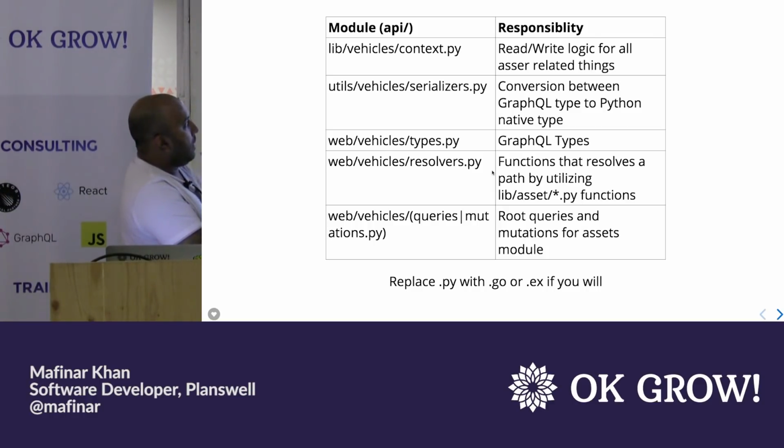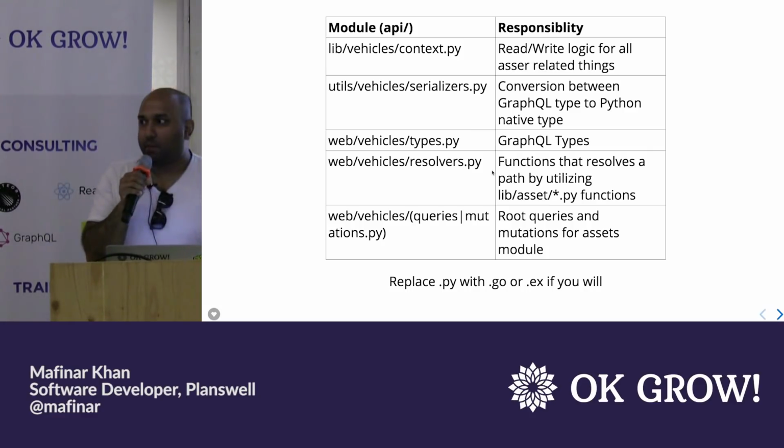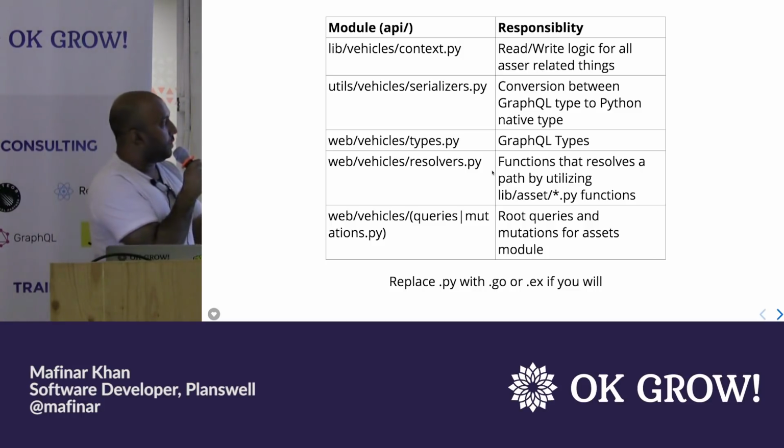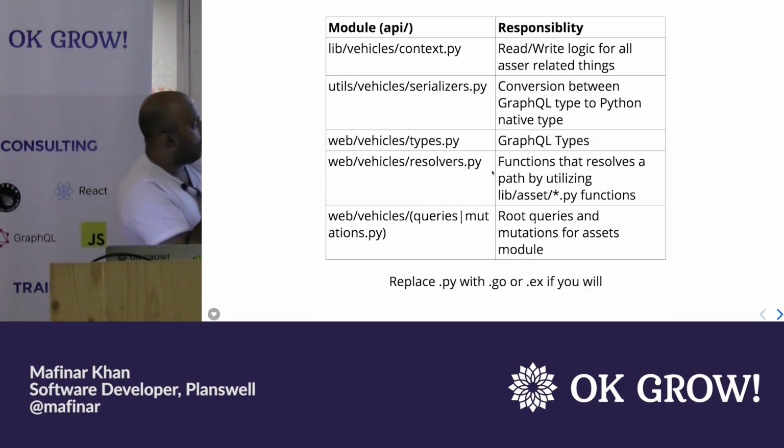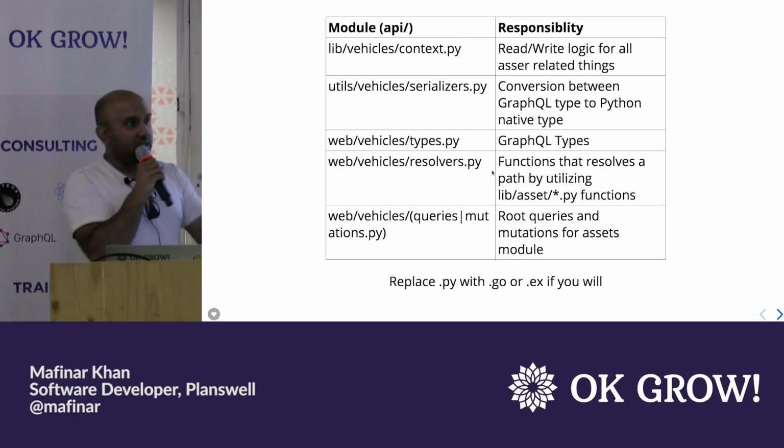Inside the web part, there are types, resolvers, and queries or mutations.py. Types define types in a schema format. Usually a lot of languages have types and resolvers packed together, but I prefer to keep them separate. Resolvers just do the stuff that web stuff does.